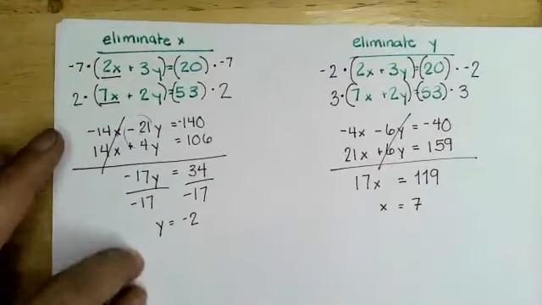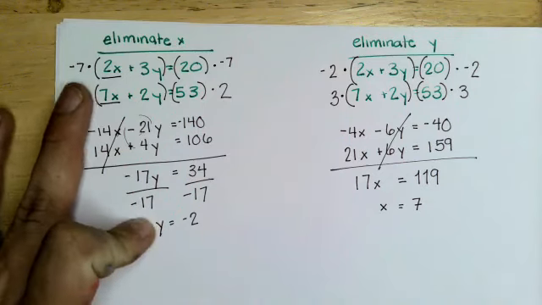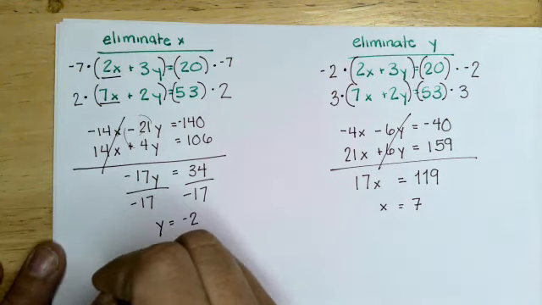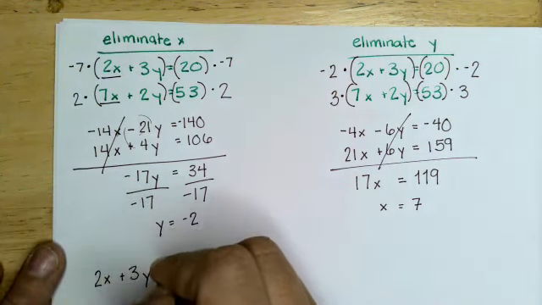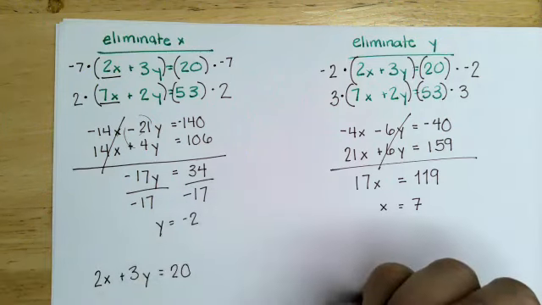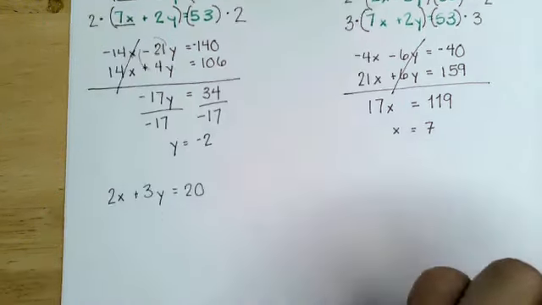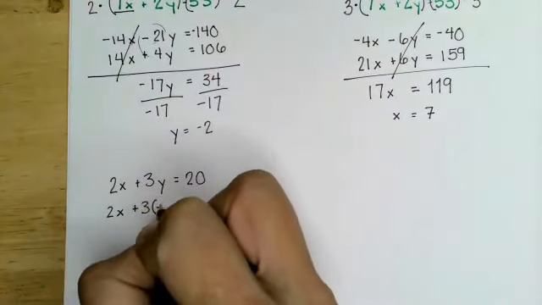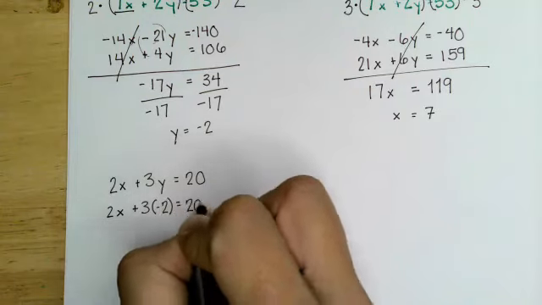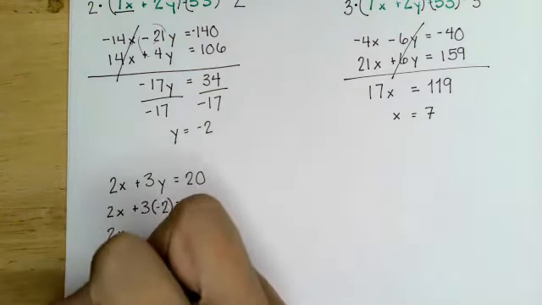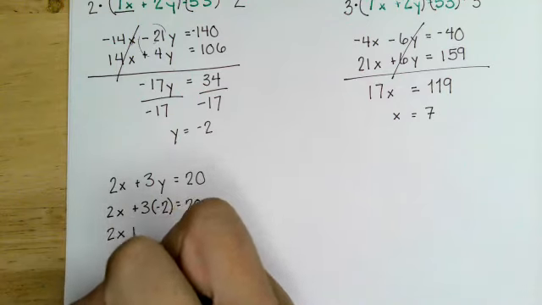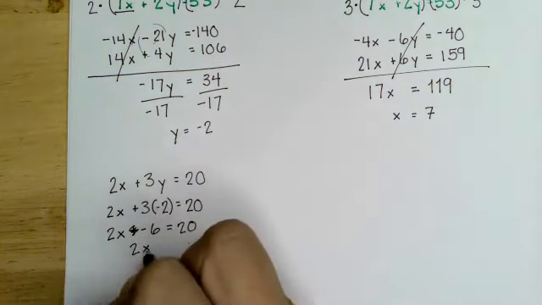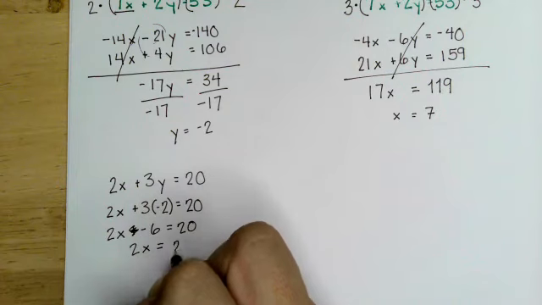So here I got y equals negative 2. I can put that y back in the equation, either one, either 2x plus 3y equals 20, or 7x plus 2y equals 53, either one. If I put that negative 2 back in, I can solve for x. So 2x plus negative 6 minus 6 equals 20. 2x equals 26.